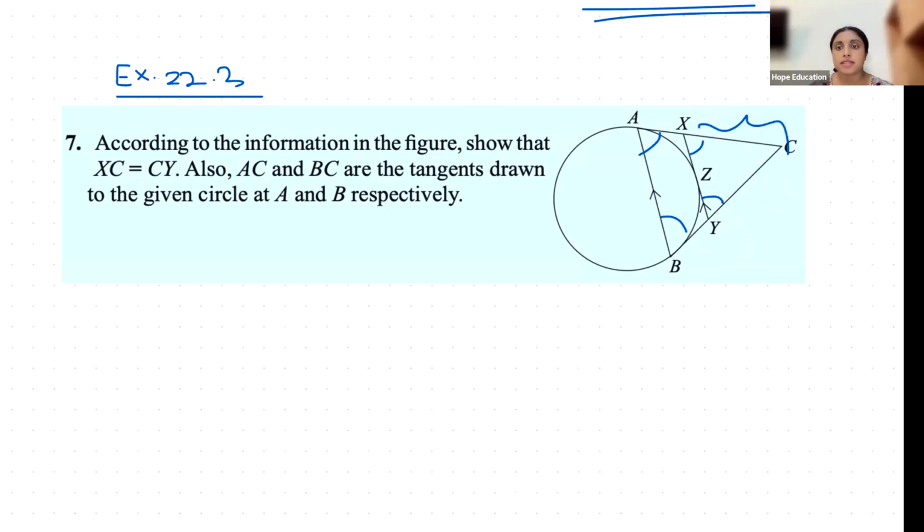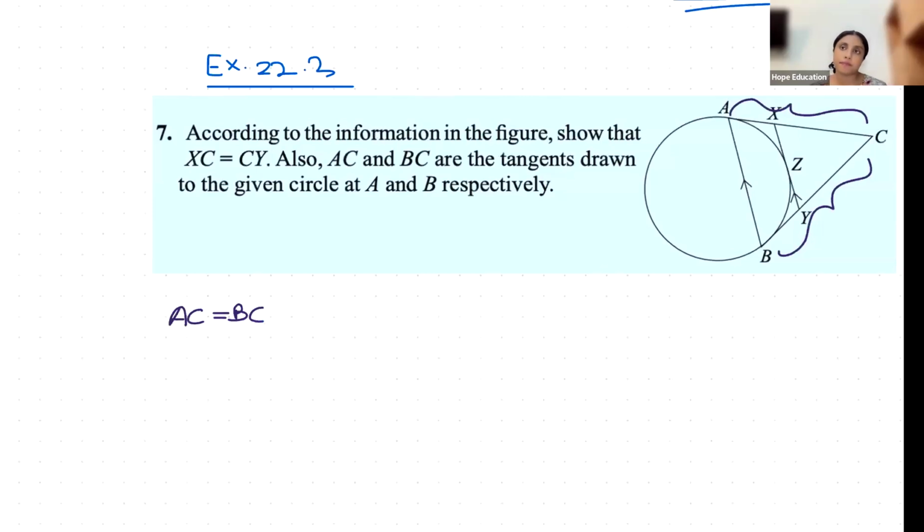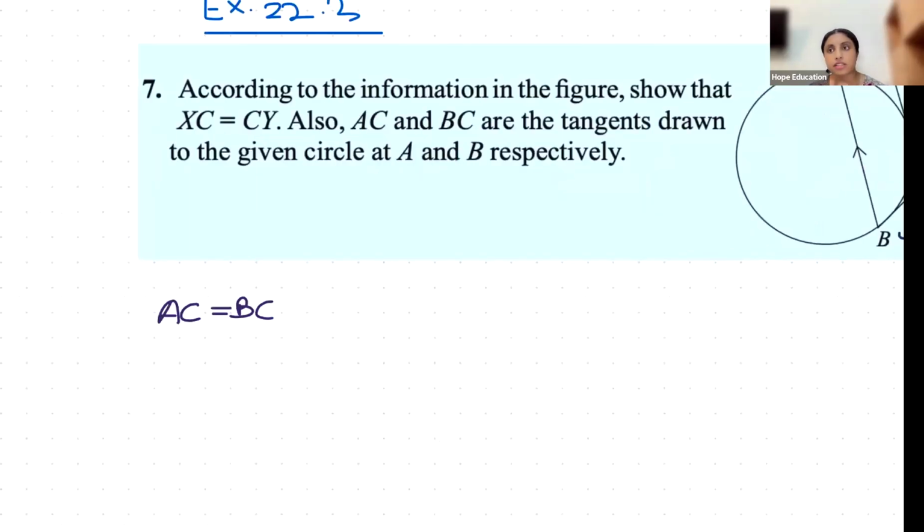Let's write it step by step. AC and BC are tangents drawn to the given circle at A and B. Therefore, AC is equal to BC. Mithil, I have a question to ask you. What would you write as the reason here? You say tangents AC and BC are equal, so what would be the reason you write here?